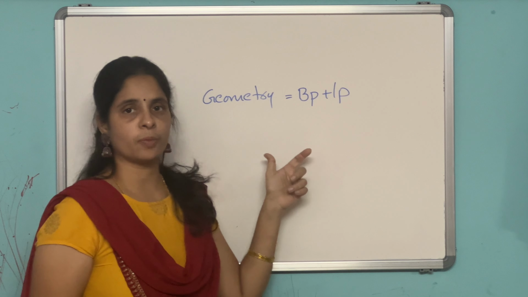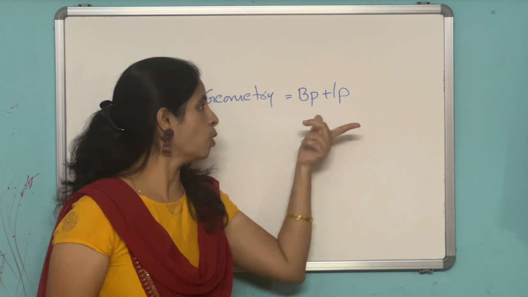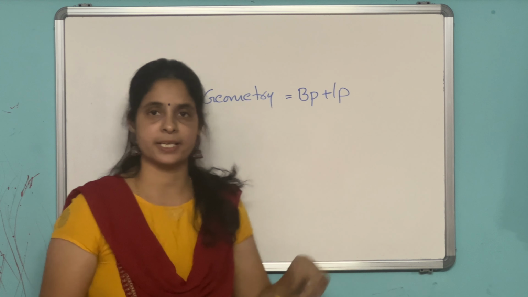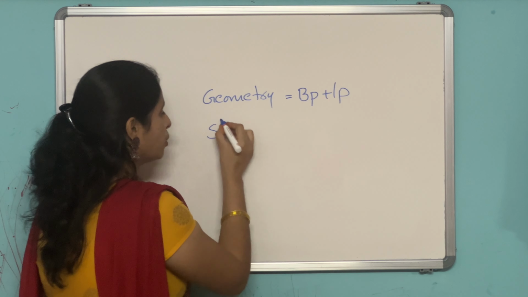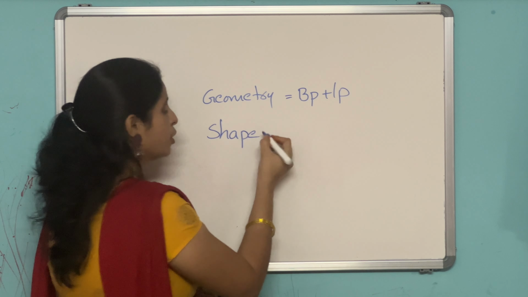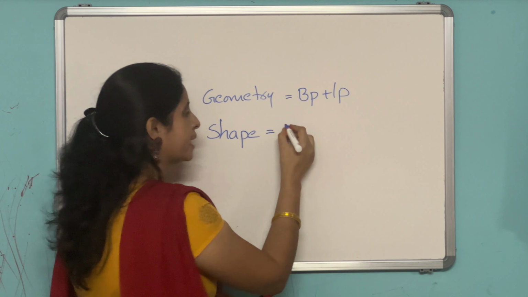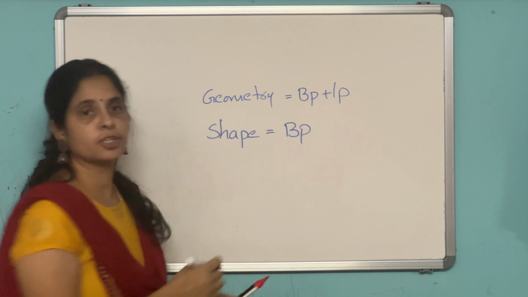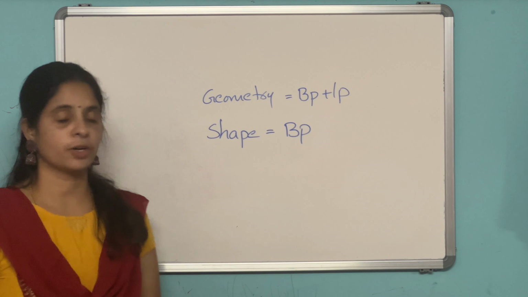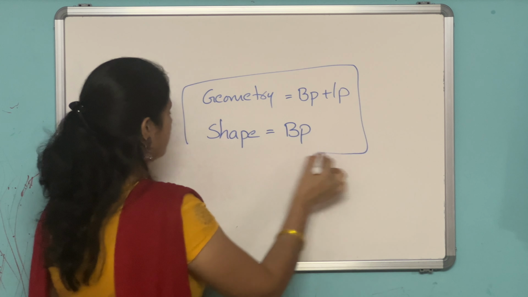While predicting the geometry, we include both bond pairs and lone pairs. But if you want to predict the shape of any molecule or ion, that is based only on the bond pairs of electrons. Just keep this point in mind.